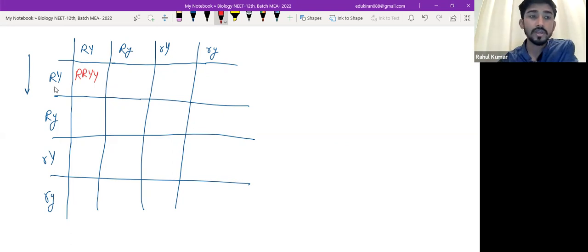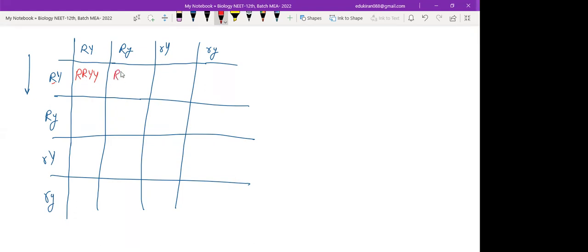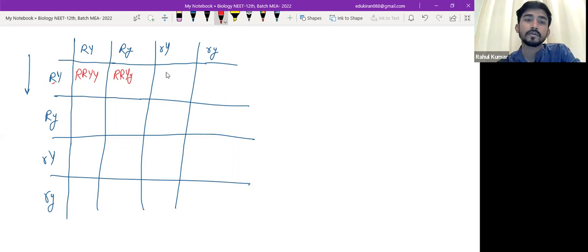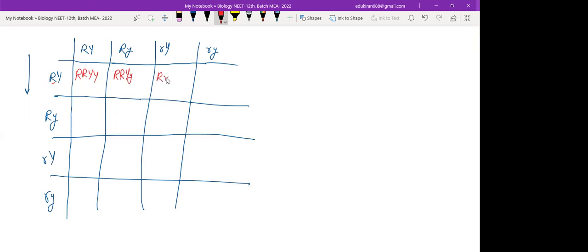The two alleles for seed shape here: from one parent it is capital R, which is round, and from the other parent also it is capital R, which is round. So we write both of them together. In this case, capital R, capital R, capital Y, small y. Yes. Continue. Keep telling me. Capital R, small r, capital Y, capital Y.